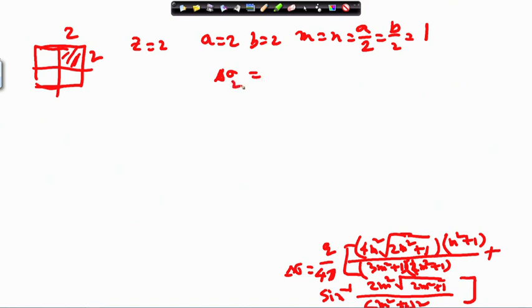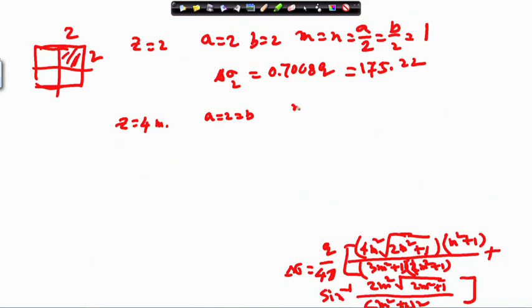at 2 meter will come 0.07008 q, that means it will be 175.22. Similarly, if I go z equal to 4 meter, so a equal to 2 equal to b.